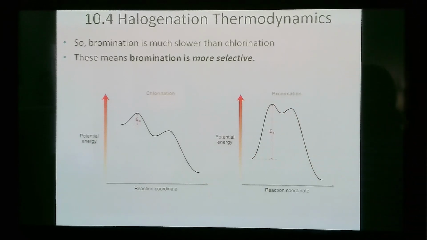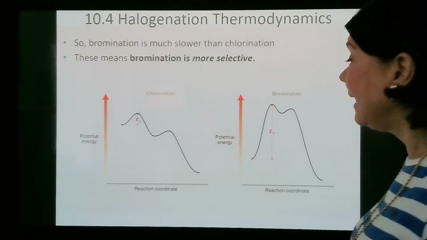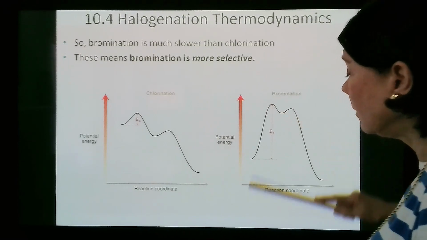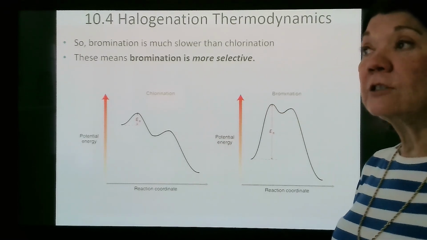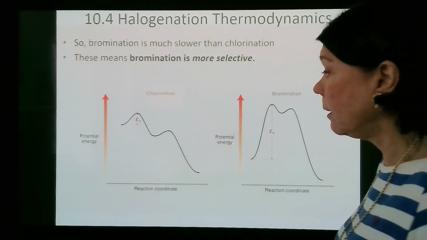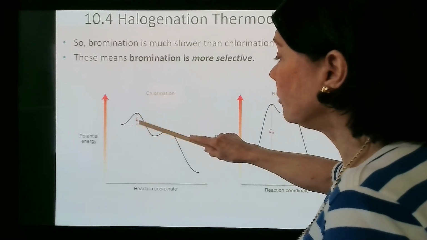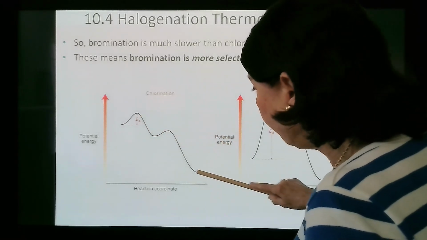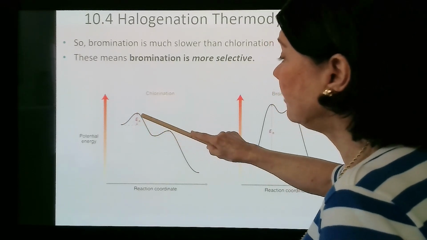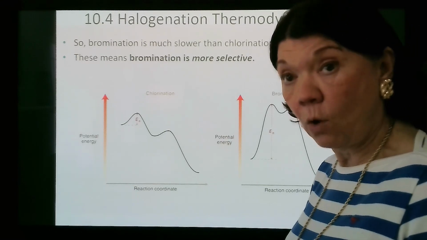That means it does not simply react with the first thing it bumps into. It has just enough energy to get over this large energy hill, and so it's going to take the lowest energy pathway. Over here with chlorination, since the energy hill is not so high and a lot of heat is generated, it's going to be less selective, and it doesn't necessarily have to take the very lowest energy pathway.